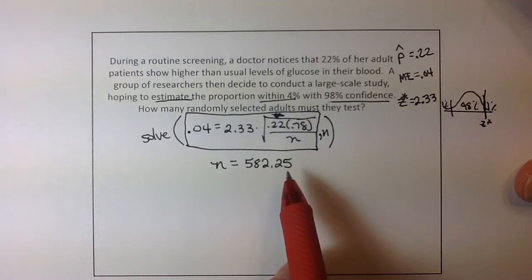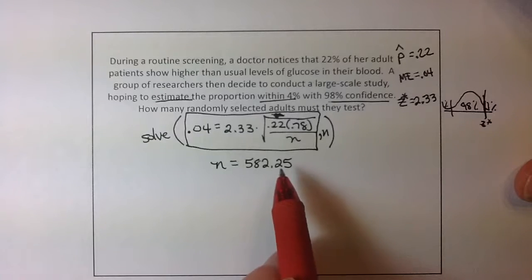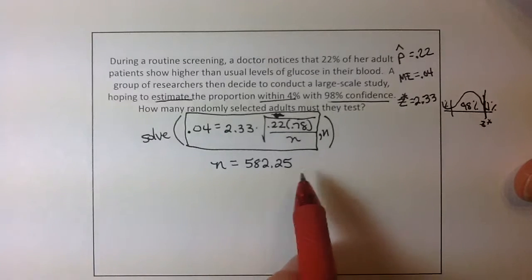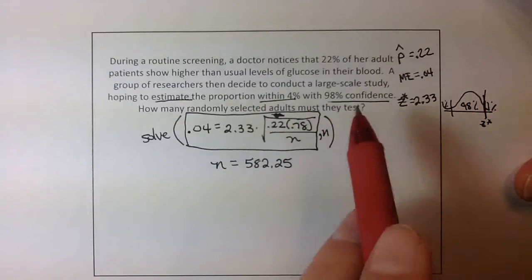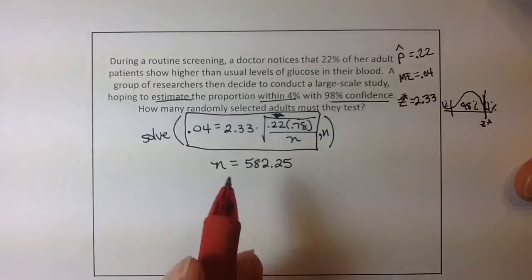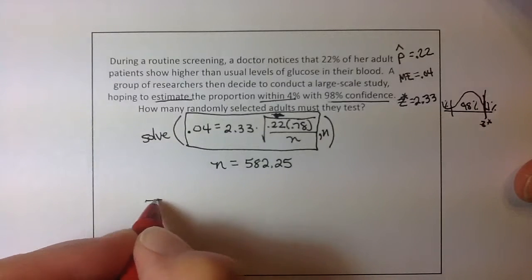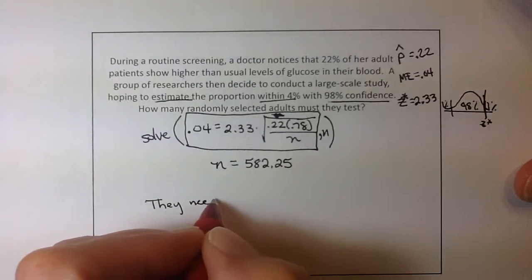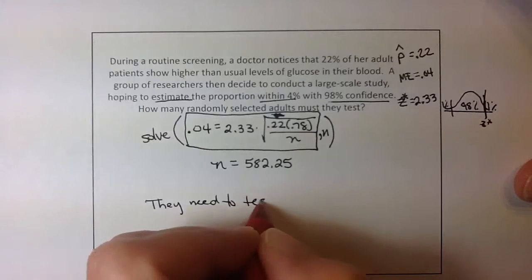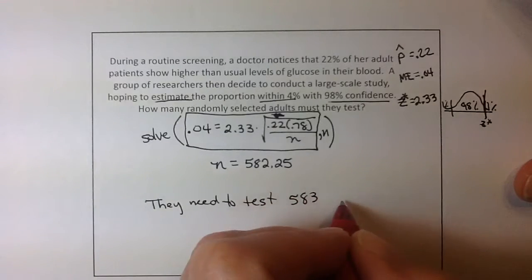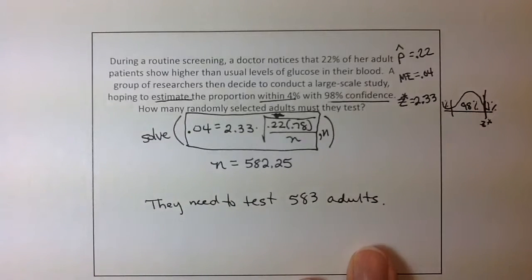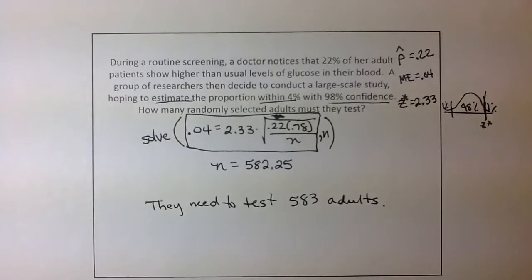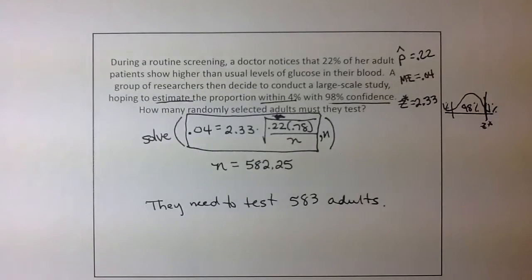Of course, a quarter of an adult probably isn't available, but we'll need this minimum to get this confidence level and this margin of error, which means we need to round up to the next whole person. So they need to test 583 adults. So we always want to round that sample size up to get a whole number of people or things to survey.